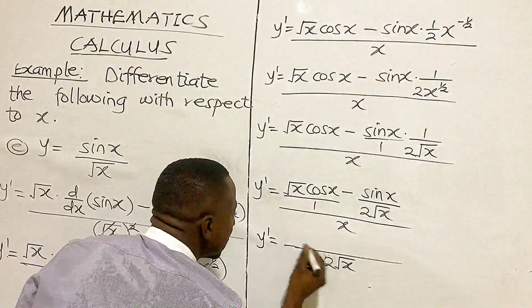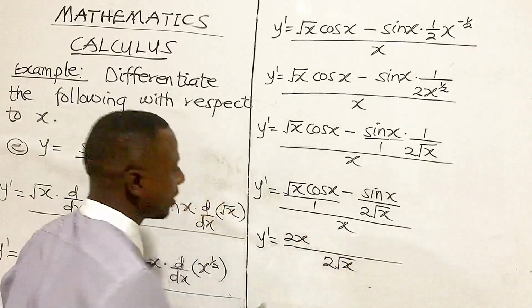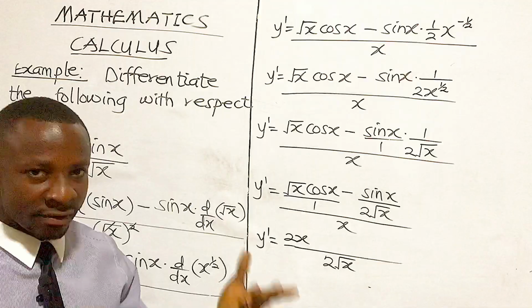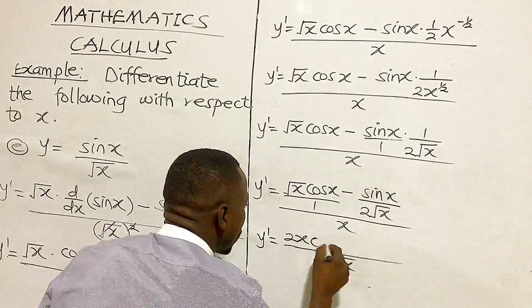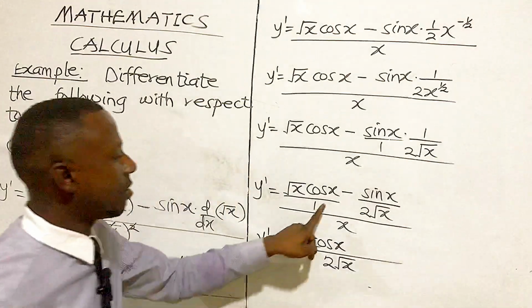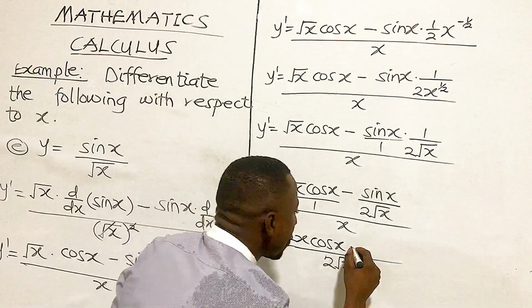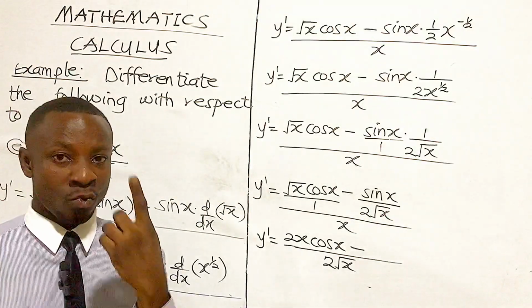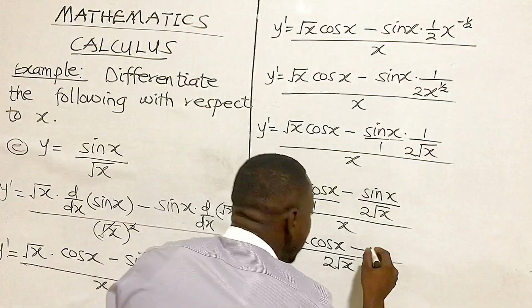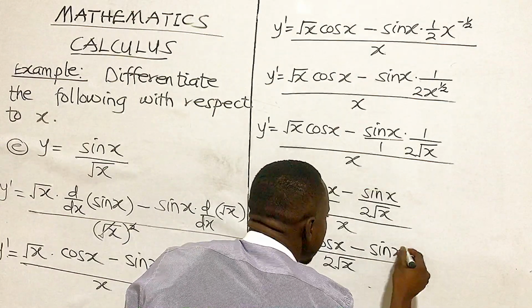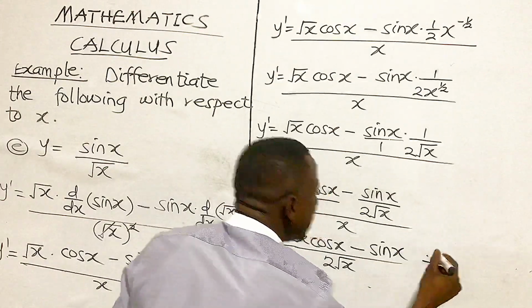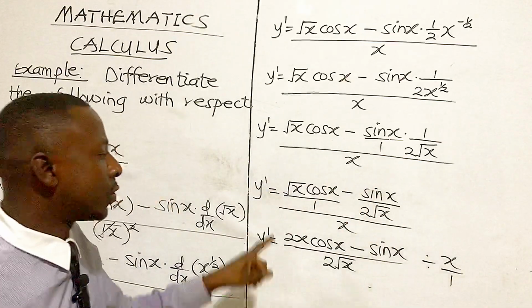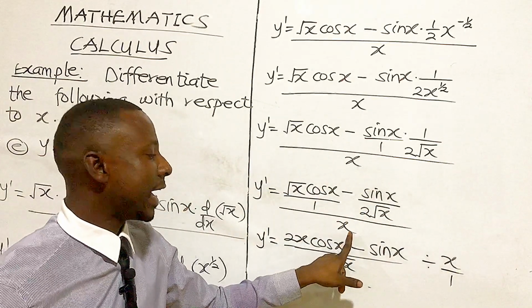We are going to get 2x because root x times root x will give us x. Then cos x, for which we have here, minus 2 root x goes into 2 root x once times sine x. We still have sine x divided by x over 1 because we have all over x.